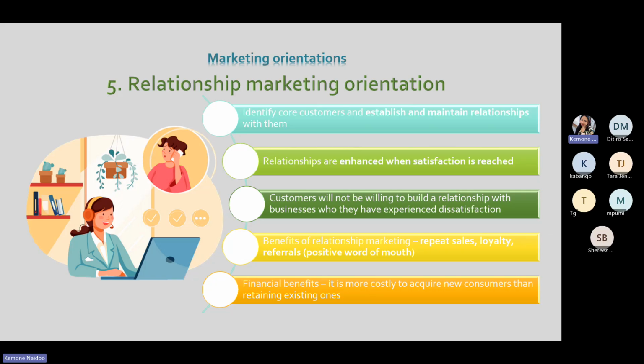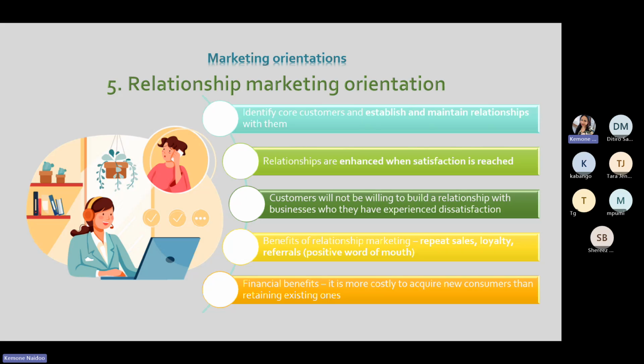The financial benefit of this is ensuring that we will always have those consumers that come back, which means profitability is achieved. So we aim to form relationship marketing mainly because when we have a brand loyal customer base, we can always ensure that we will be making a profit.